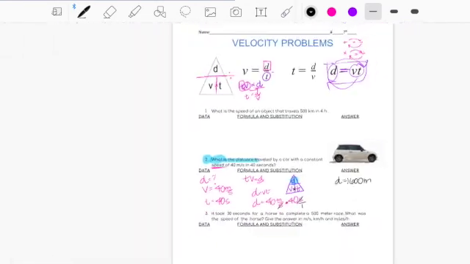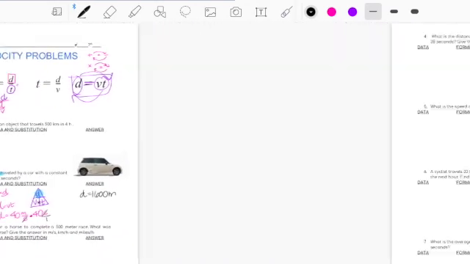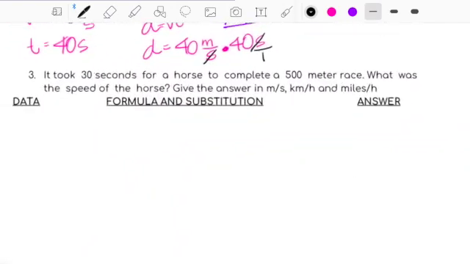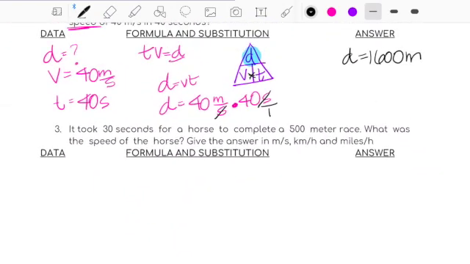Okay, let's do problem number 3. It took 30 seconds for a horse to complete a 500-meter race. What was the speed of the horse? We're searching for the velocity or speed. You can put an S. We have a distance of 500 meters and a time of 30 seconds.